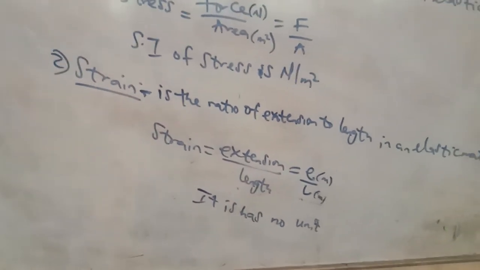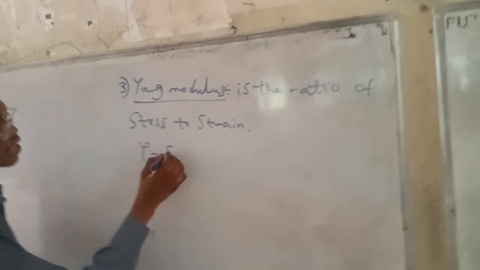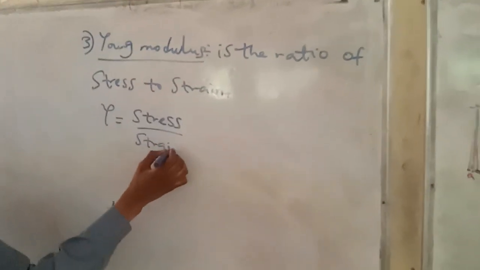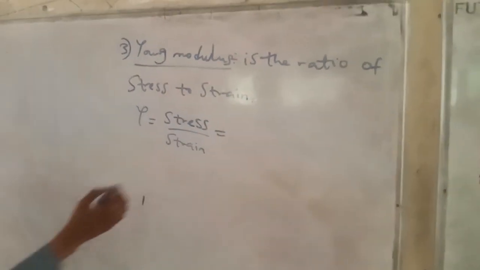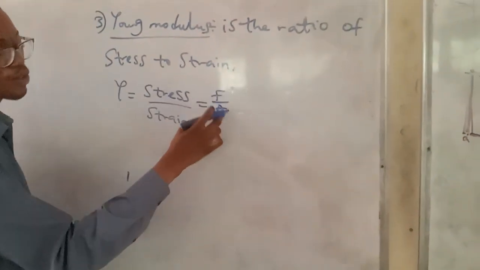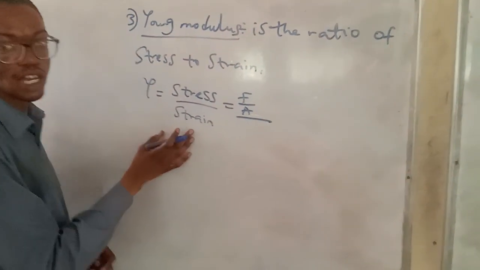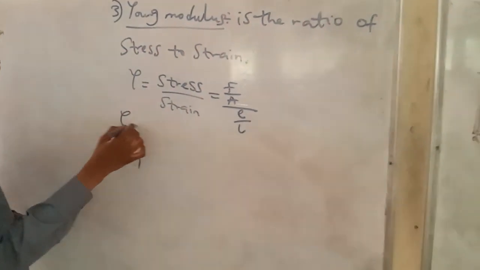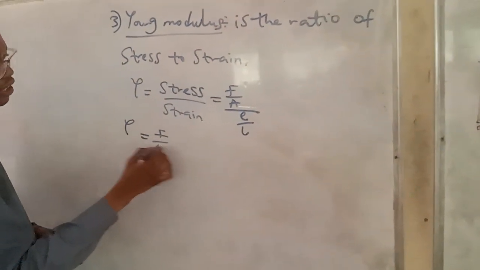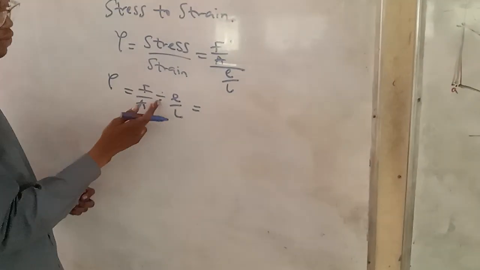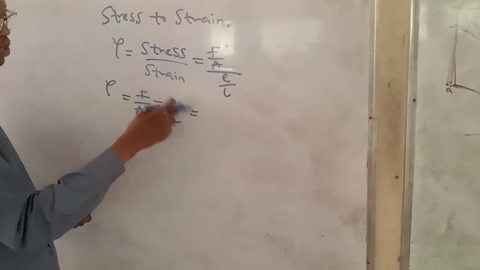So let's also go to Young's modulus, which is our stress over strain. What is the formula? That is F over A, force over area, divided by our strain, that is extension over length. Then we have division, turn it to times. This one will go up, this one will come down.